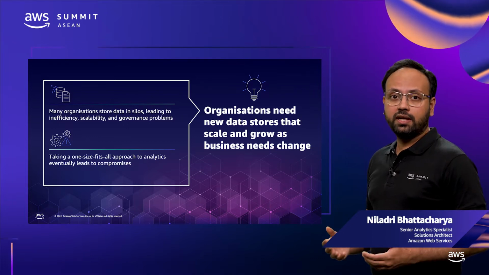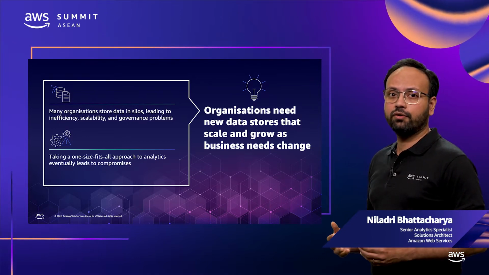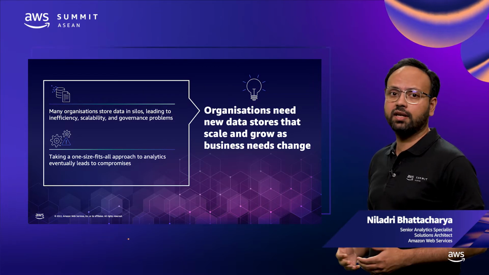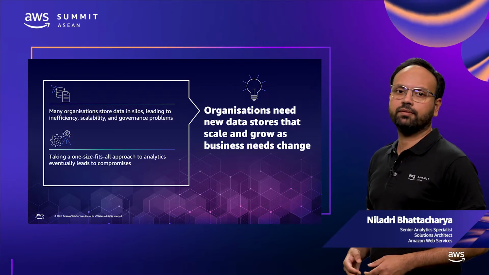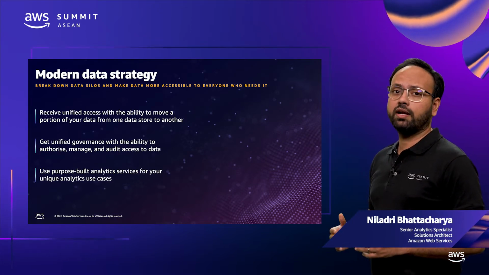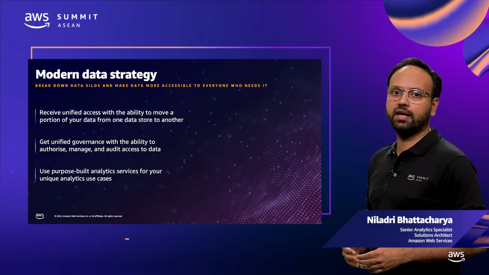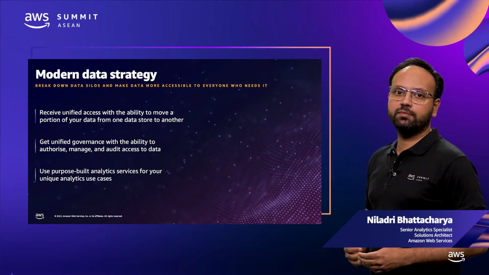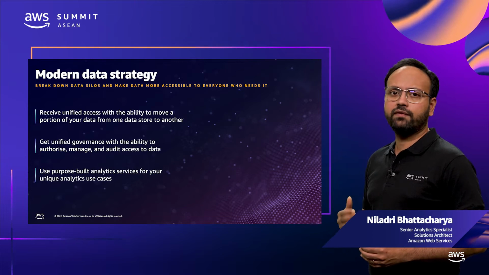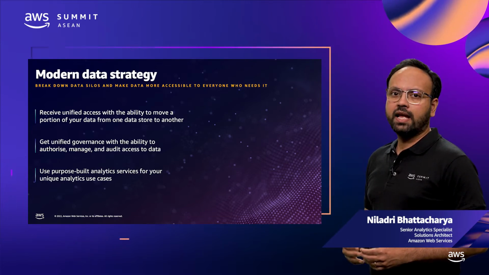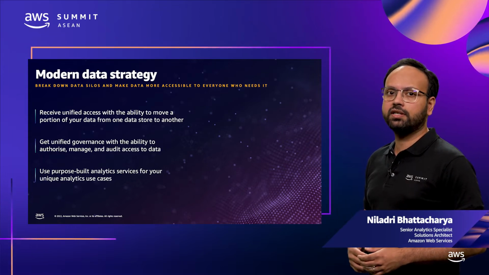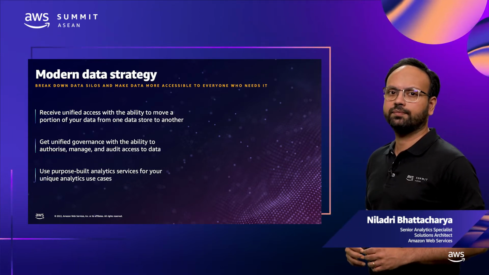Organizations need new data stores that will scale and grow as business needs change from gigabytes to petabytes today and exabytes in the future. A modern data strategy lets organizations break down data silos, empower their teams to run analytics or machine learning using their preferred tool or technique, and manage who has access to data with the proper security and data governance controls.